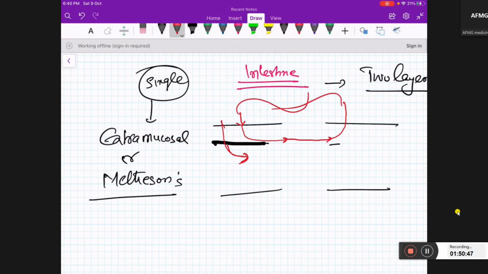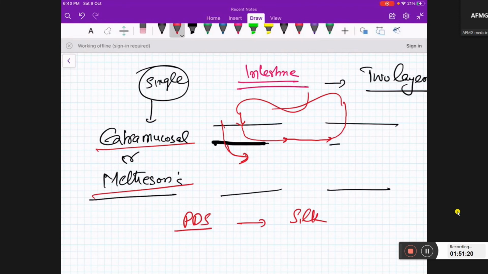This is called extramucosal Matheson repair. For this repair, the guideline says you should use PDS, but commonly we are using silk. We don't do a two-layer closure. We do extramucosal repair.